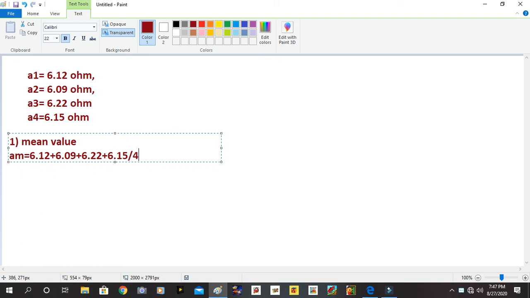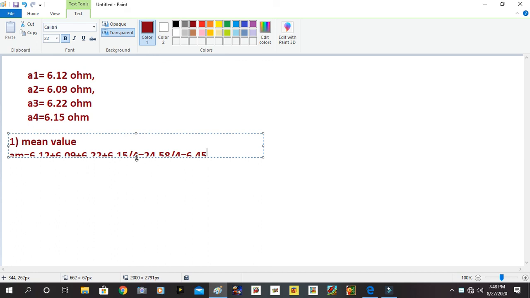So let's check the total calculation here. 6.12 plus 6.09 plus 6.22 plus 6.15 is altogether 24.58, which is divided by 4. So the answer will be 6.145. So in this way, you have to calculate.